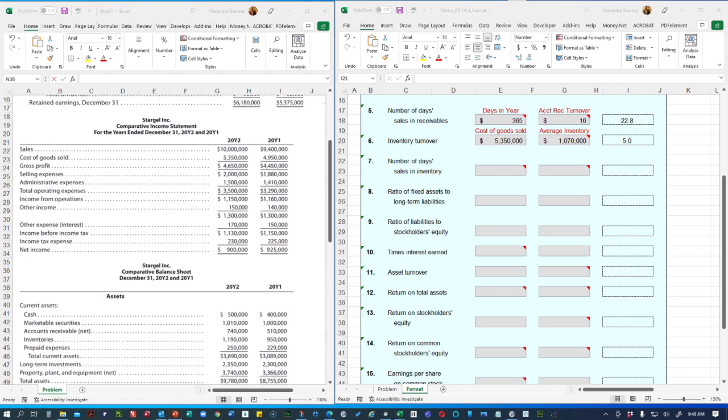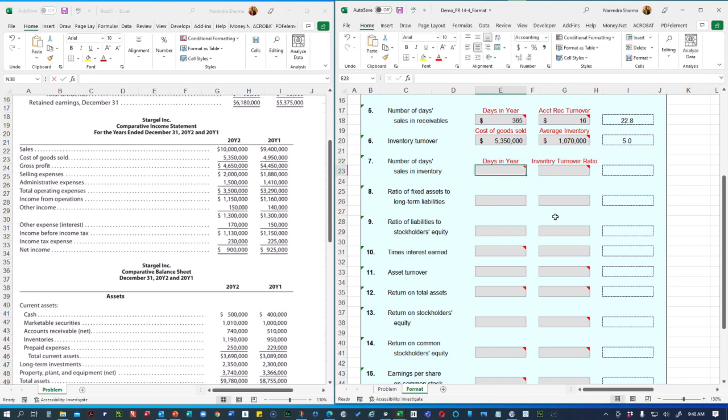The next ratio we're going to use is, of course, number of days sales in inventory. It is calculated the same way that we calculated the days in receivable. So that will be days in year, of course 365, and then divided by the inventory turnover ratio we just calculated.